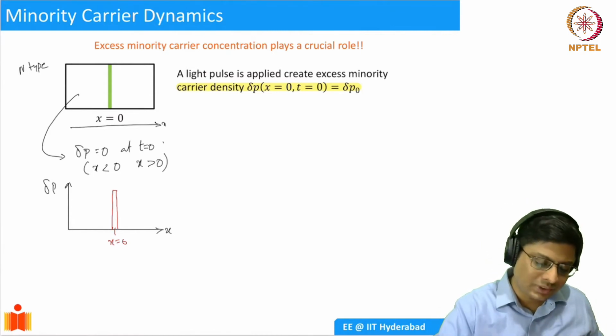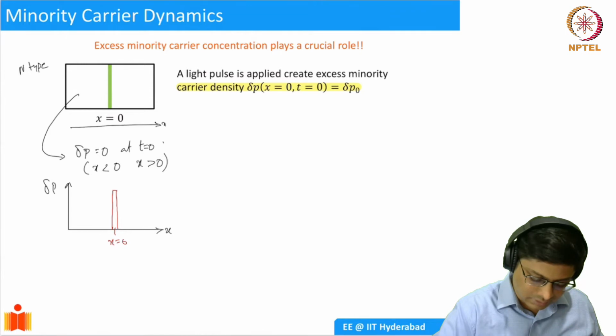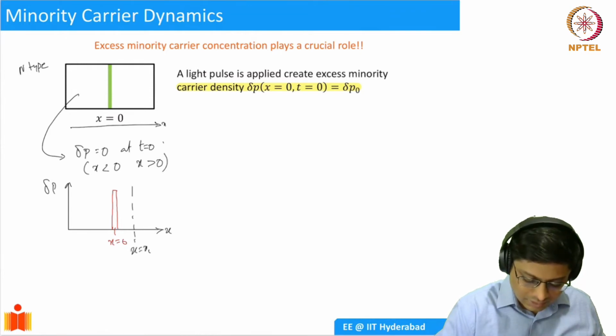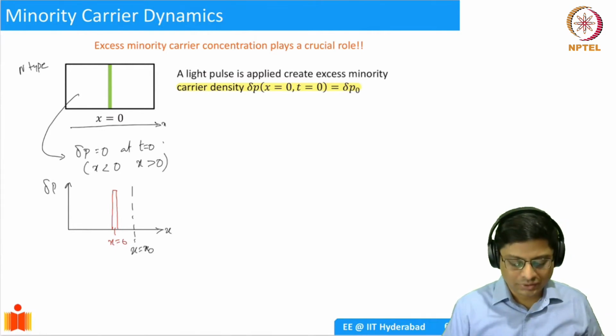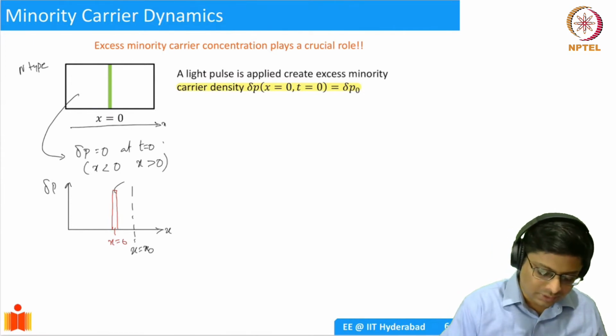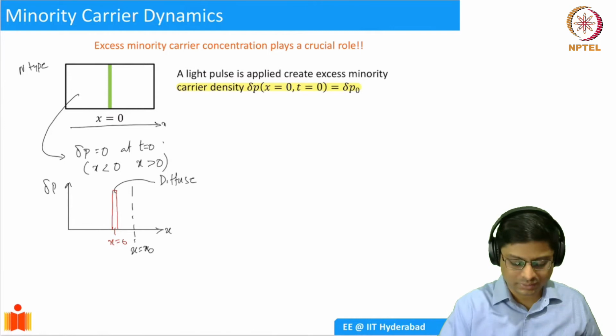So what I need to do is essentially monitor, for example, a location maybe here, at some x equal to x naught. I'll try to monitor the number of holes. Because there is a gradient, the holes are going to diffuse, and they will cross the surface at x equal to x naught.